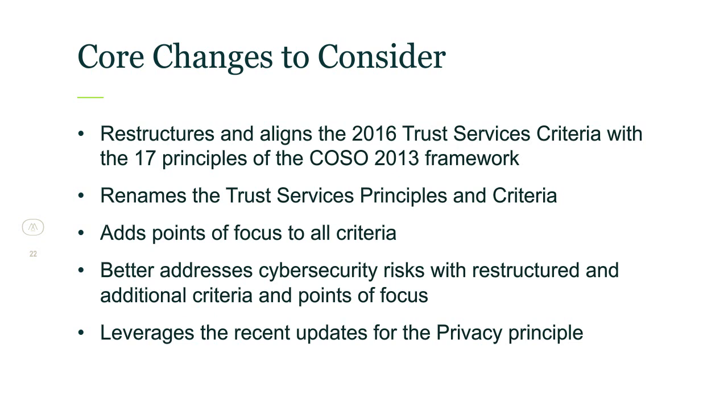Other things that we'll identify and talk through here is adding additional criteria that provide clarity around some of the reporting needs. Part of this is a consolidation where there may have been some redundancy or duplication between the existing 2016 criteria.